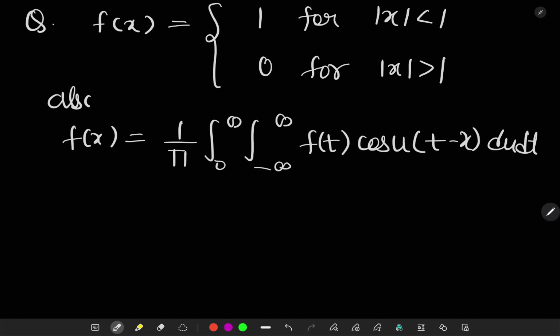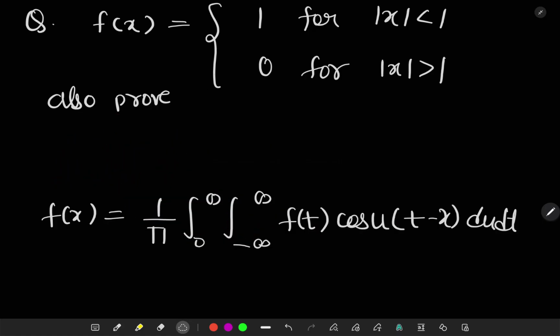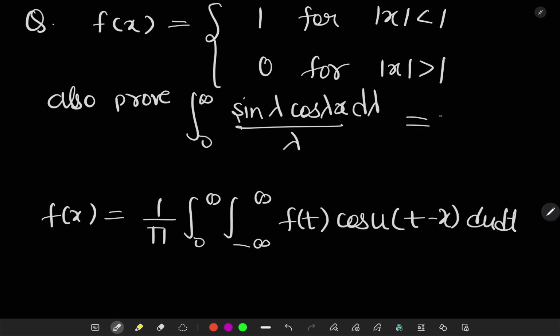And also in this question, prove that integral from 0 to infinity of sin λ cos λx dλ divided by λ is equal to π/4.